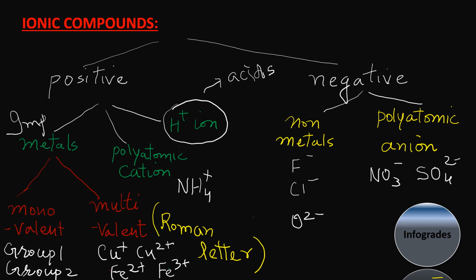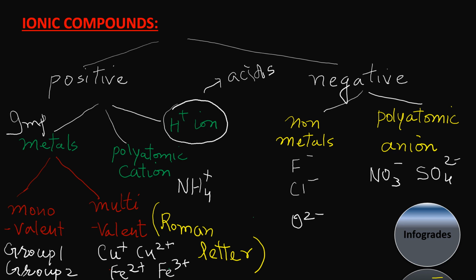We don't use Roman numerals for monovalent. If you use a Roman numeral for a monovalent metal, it will be considered wrong. So the do for multivalent is use Roman numerals; the don't for monovalent is don't use Roman numerals. Don't use them for anything else. We will not use them for the ammonium ion. We will not use them for the hydrogen ion either.